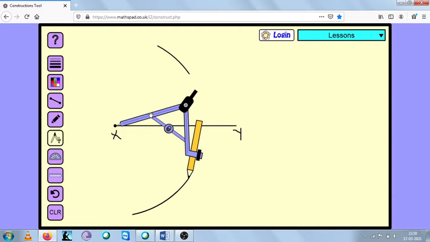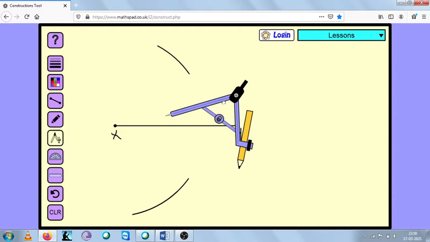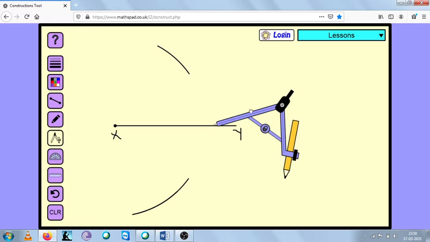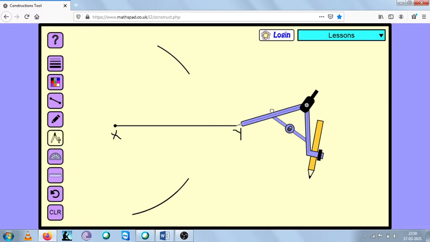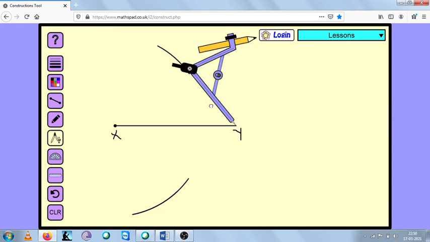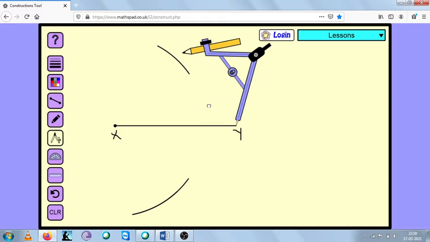Now without changing the position of the compass, keep it at Y. The distance should be maintained the same. From point Y, cut the first arc up and then down.